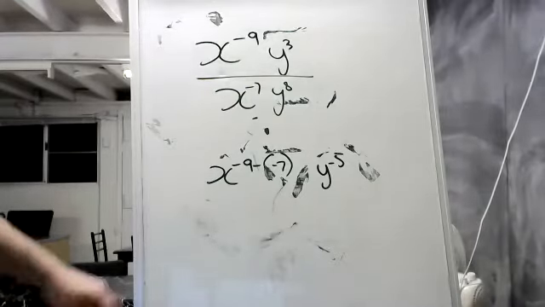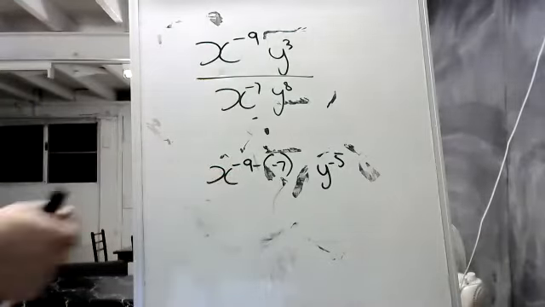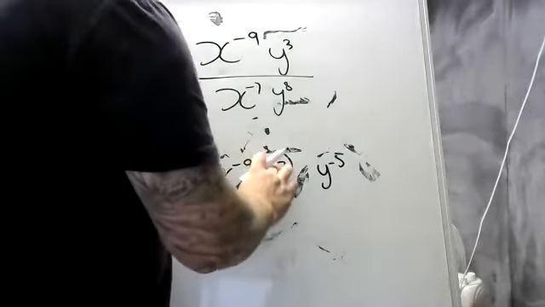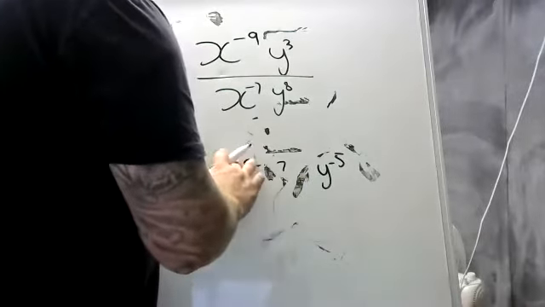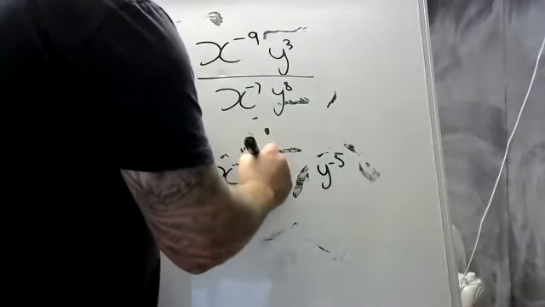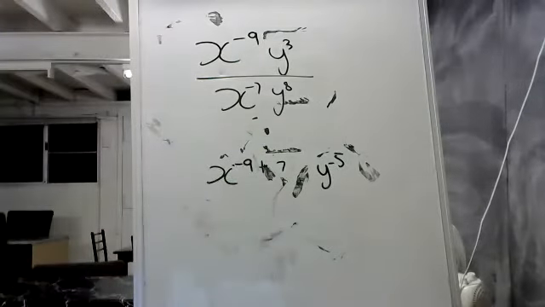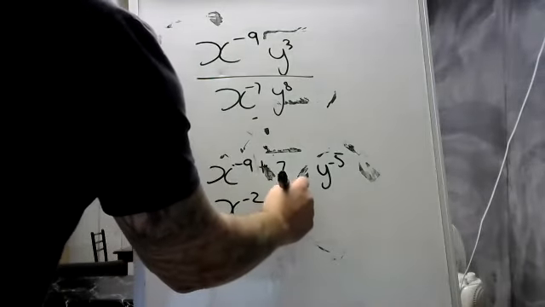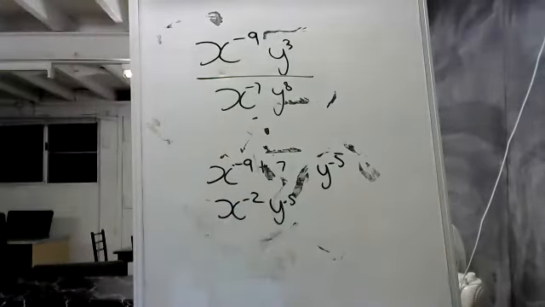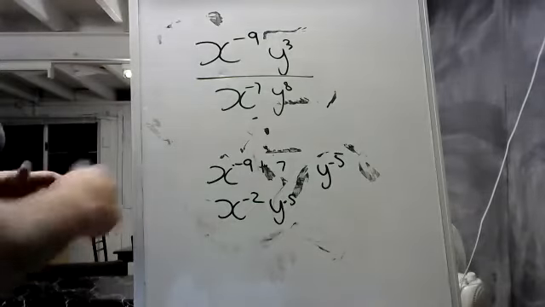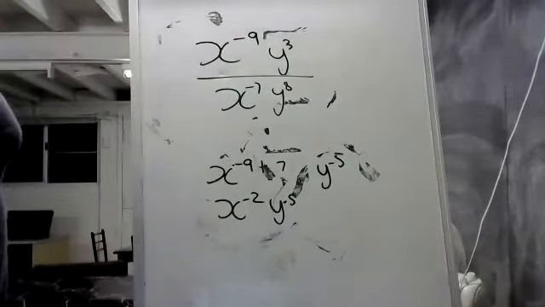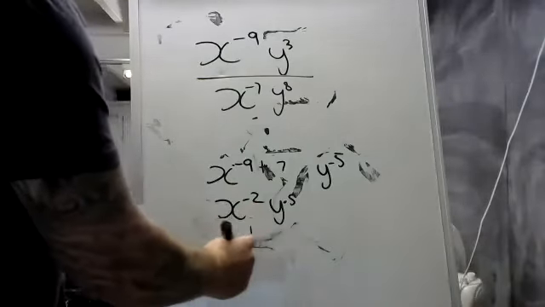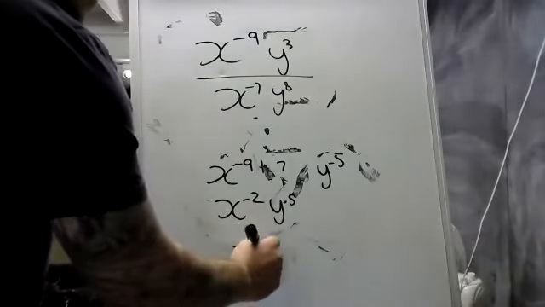So we know minus 9, we can just convert that to minus 9 plus 7. So we'd have x to the minus 2, y to the minus 5. And how would we solve for that in the end? 1 over x squared y to the 5. Perfect. I did it a different way, but how did you get it? We got the answer. Yeah, I got the same answer.